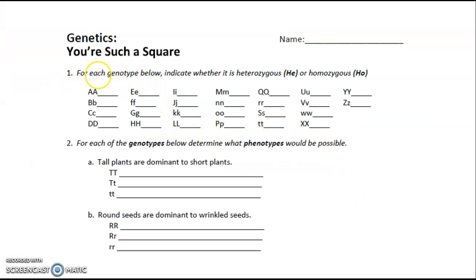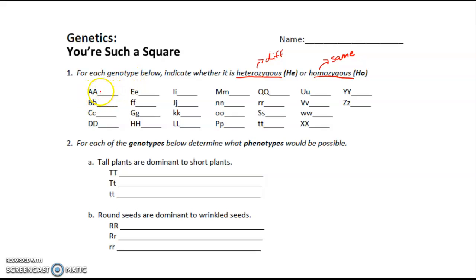this mode. So for the first type, it says, for each genotype below, indicate whether it is heterozygous or homozygous. Heterozygous means different. Homozygous means same. Or homo means same, hetero means different. So here I have two dominant.